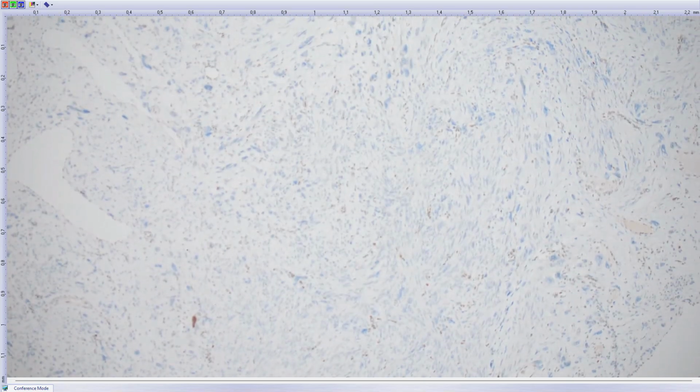I am showing you here the immunohistochemistry with RB1 protein, and you can see that it is lost in lesional cells. Sometimes it is quite hard to interpret this staining because you have to interpret the valuable finding as a negativity. But in this case, it works quite well. So there is a loss of RB1.